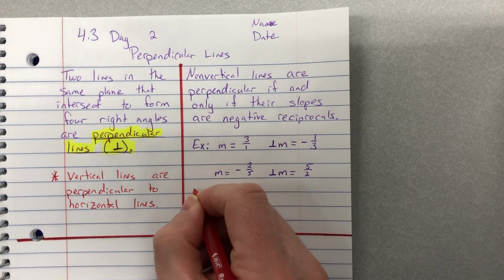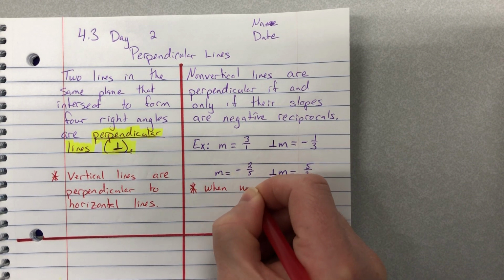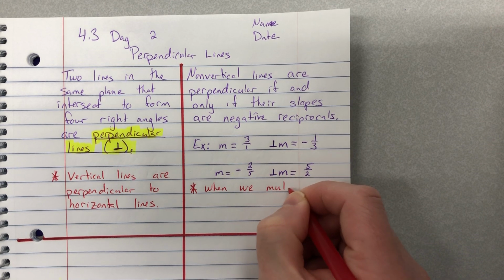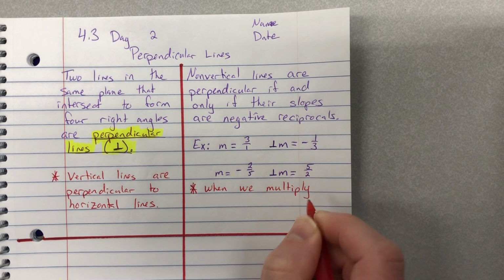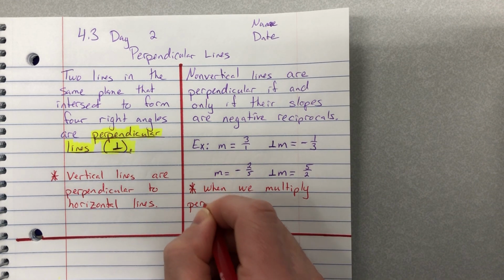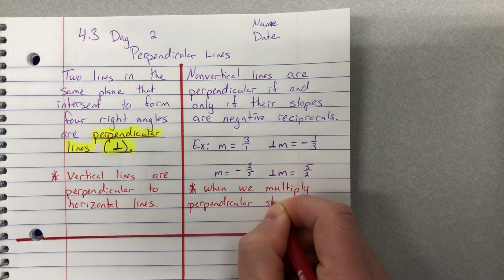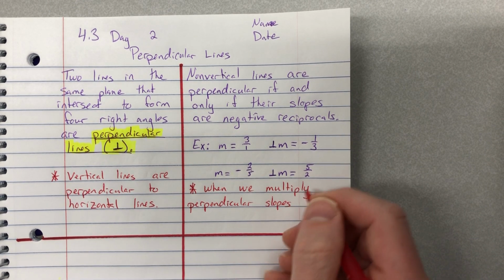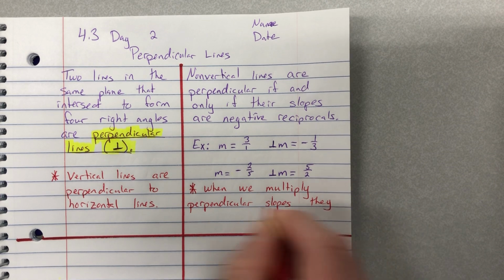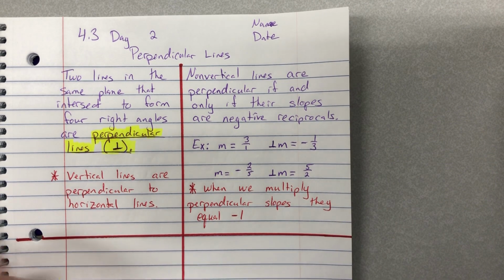And we'll put this one under here for a reason that, all right, when we multiply perpendicular slopes, they equal -1.